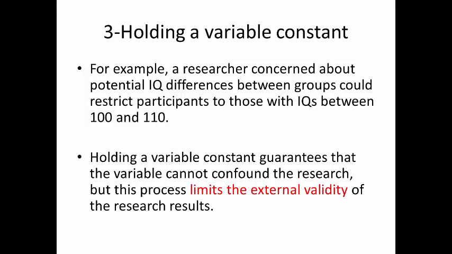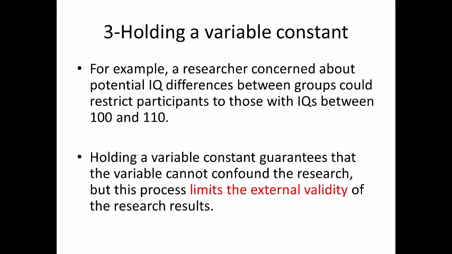Or if you are worried about gender, you limit your research only on boys or girls. This is a good method when you have only one variable that you're worried about and you want to make 100% sure that this variable is not a confounding variable.